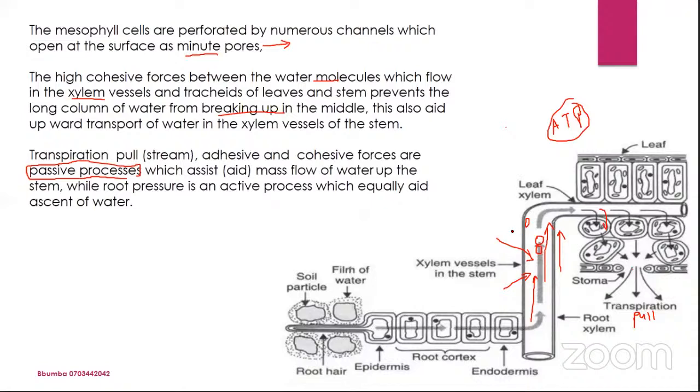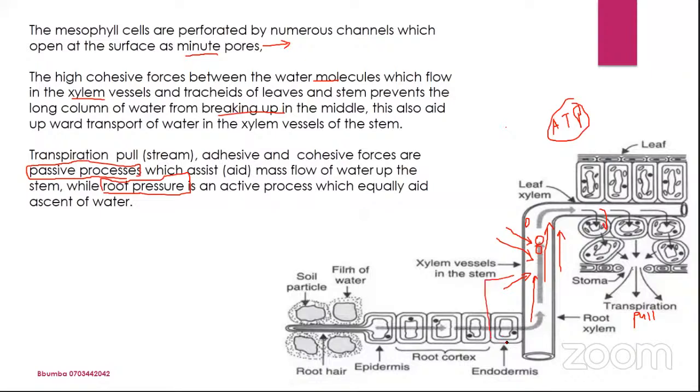Now, here, when you talk of a passive process, water does not need energy to move up. It's a passive process. So those ones, the passive processes, assist mass flow of water up the stem, while root pressure is an active process which equally aids ascent of water. Last time I talked of the root pressure, and for some of you who have forgotten, I said root pressure has nothing to do with transpiration. The root pressure is as a result of what we call a Casparian strip.